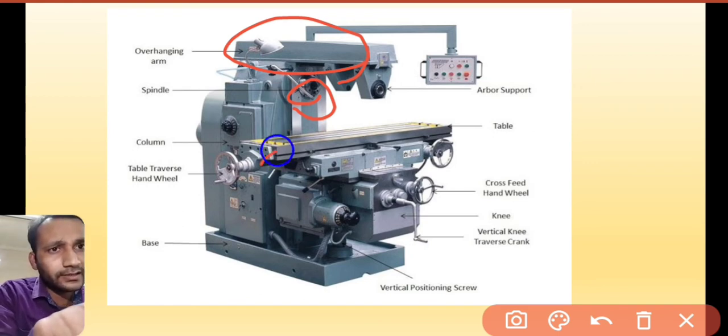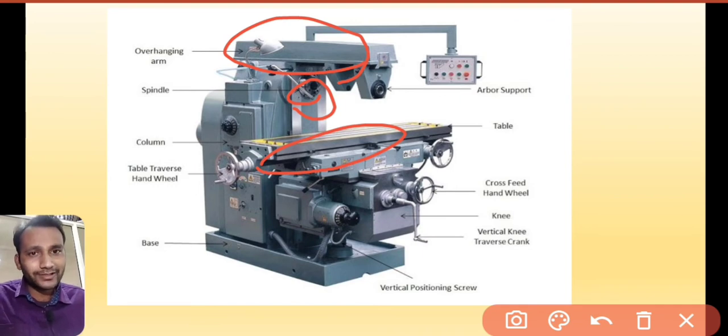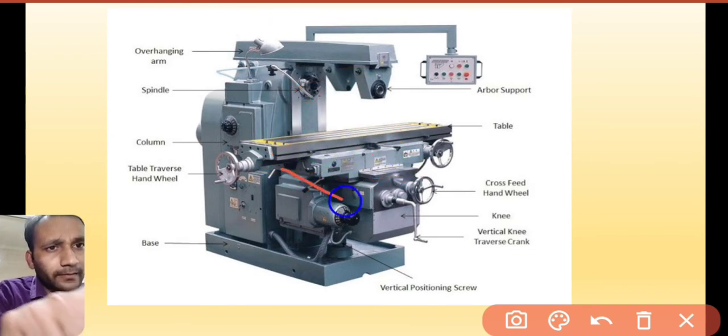This is the table, having T slots. On the T slots vises can be mounted, and in the vise the workpiece can be clamped. Below the table is the saddle. The saddle can move this way, and the table can move this way.